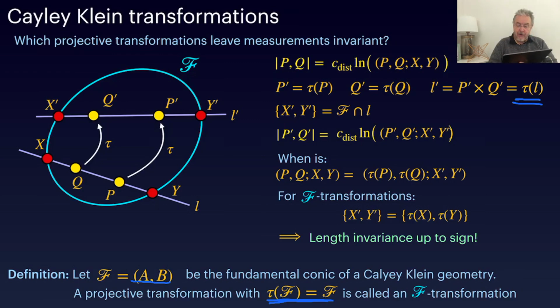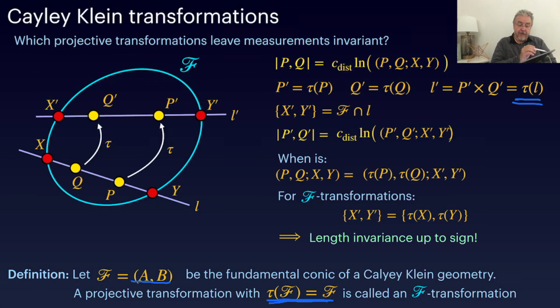You may recognize how cool and important that is, because by this definition of an F transformation, we don't have to speak about points and lines and angles in our geometry and about measuring distances. We can solely speak about the fundamental object and how it is transformed.